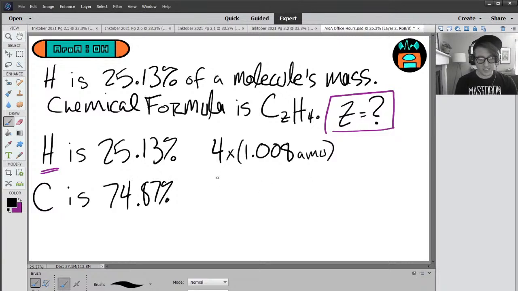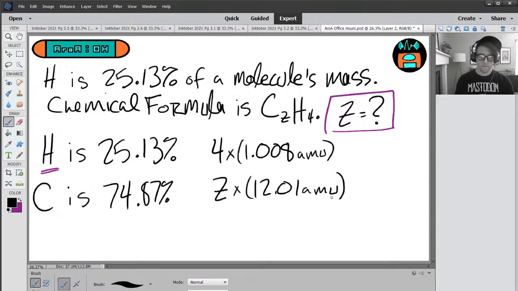The mass that represents 74.8% is Z, however many carbon atoms we have, times 12.01 AMU.